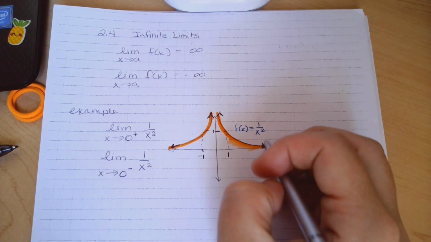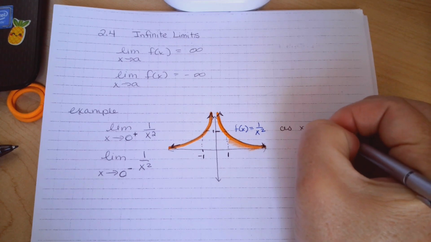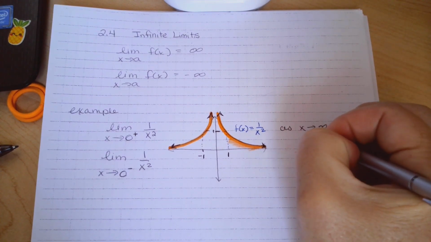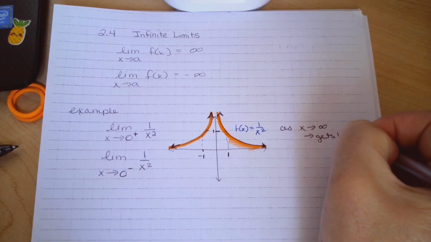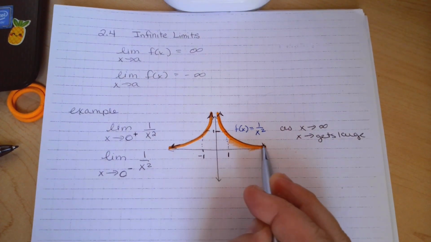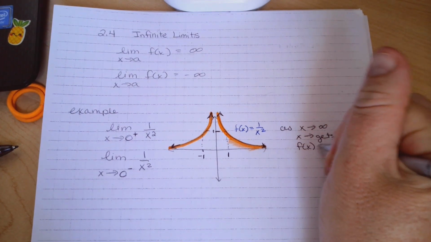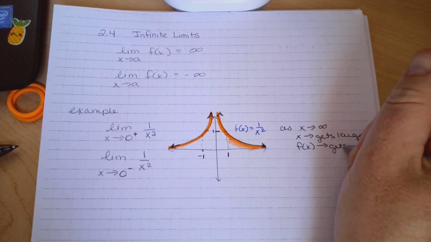Okay, and as x gets large, we're getting closer and closer to 0. f of x gets closer to 0.